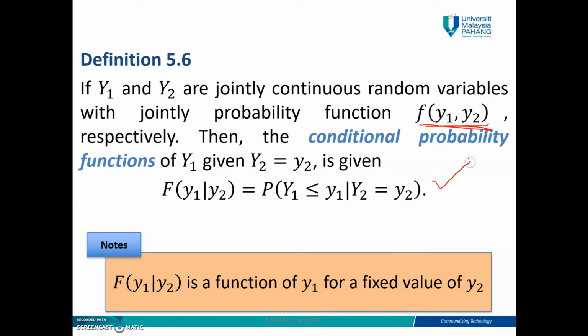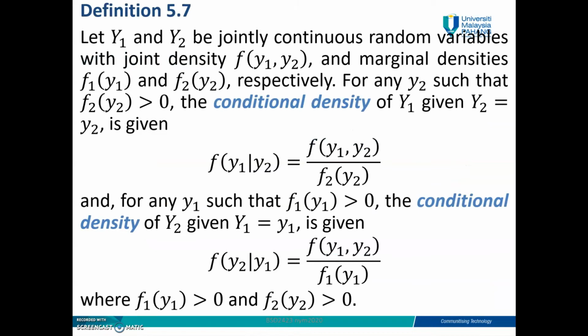The notation here is the distribution function of y1 given y2, where y1 is less than or equal to small y1 and y2 equals small y2. Note that this distribution function is a function of y1 for a fixed value of y2. So y2 will be fixed.